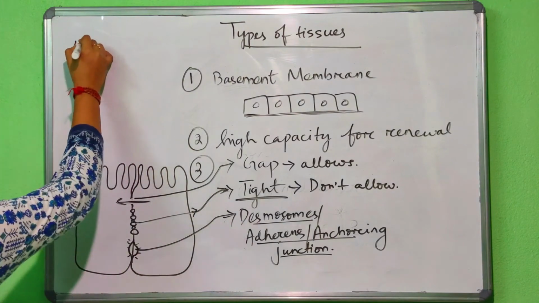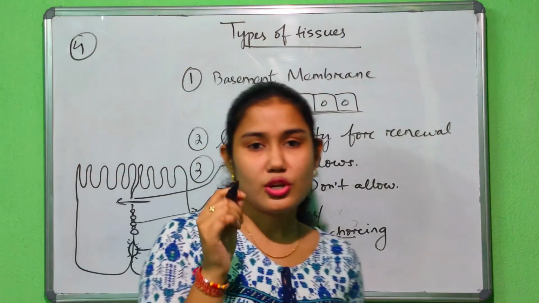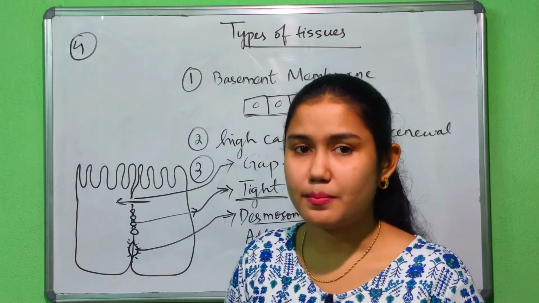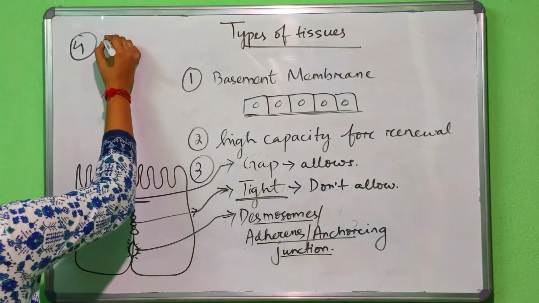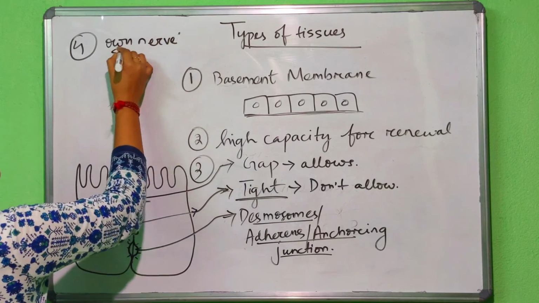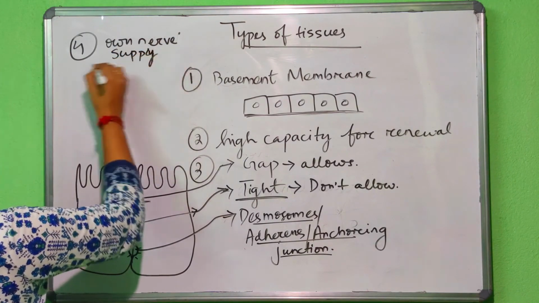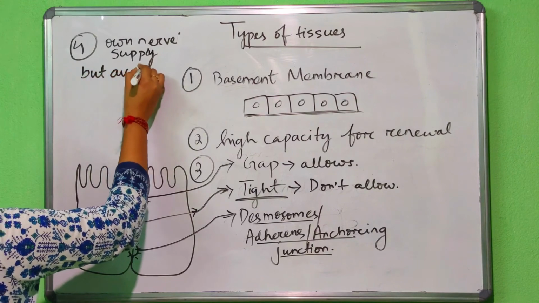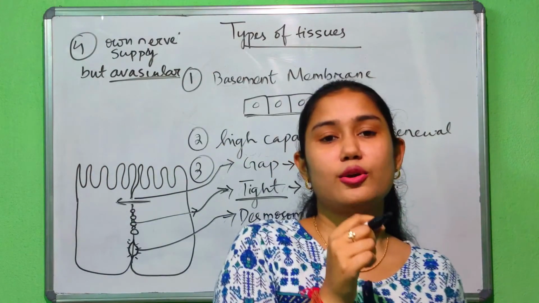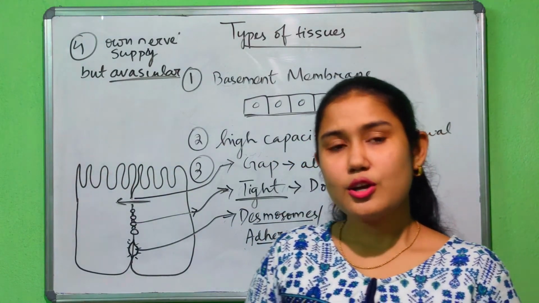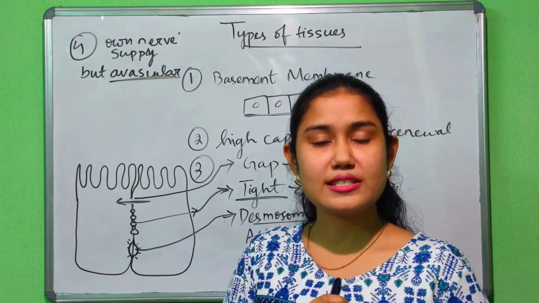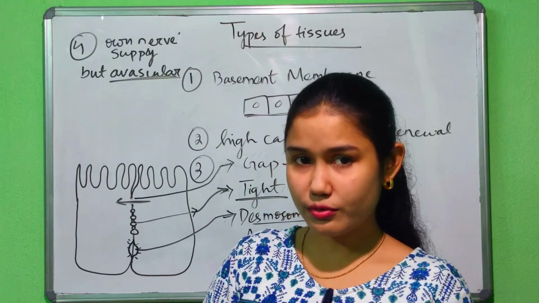Now come to the fourth characteristic. These epithelial tissues have their own nerve supply, but they are avascular. Clear? What is avascular? They do not have their own blood supply. So now the question arises: where do they get nutrients and how are the waste materials removed?